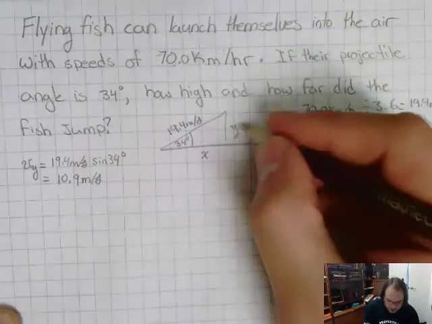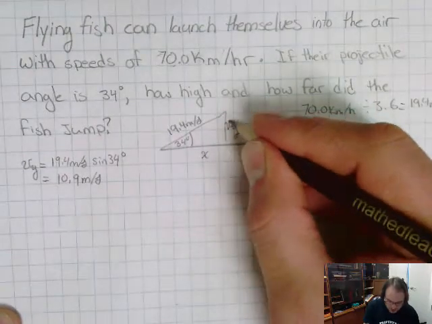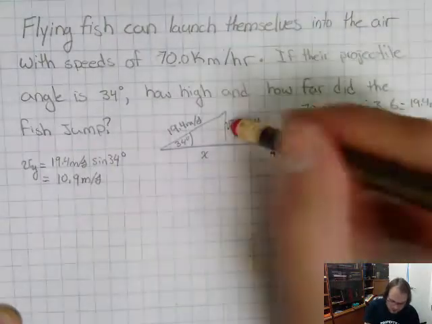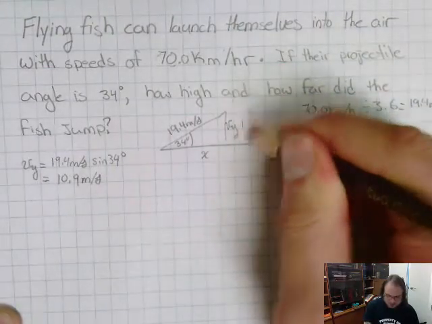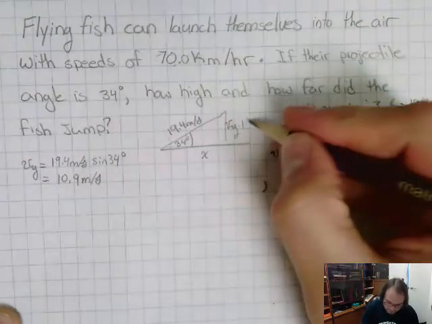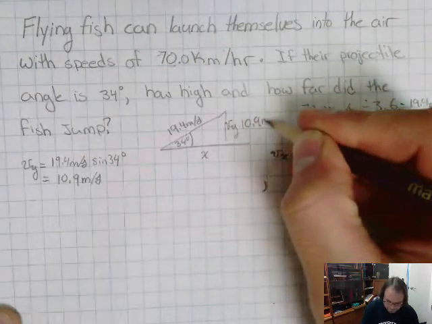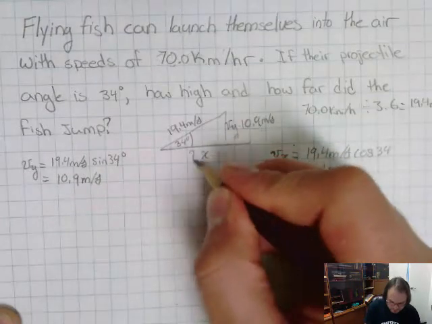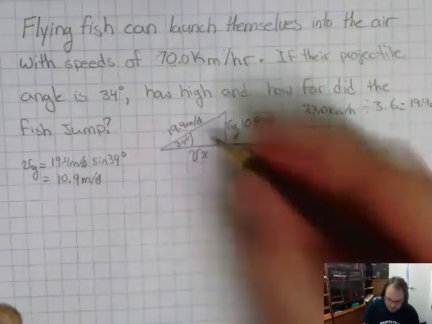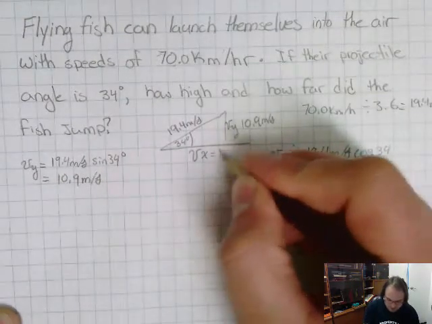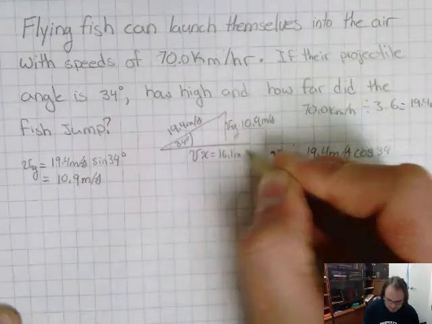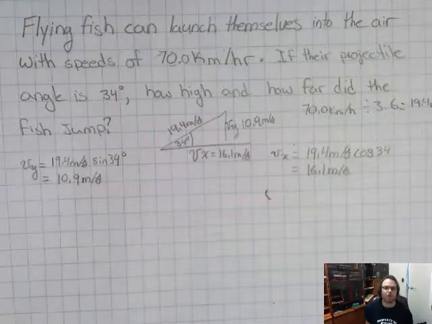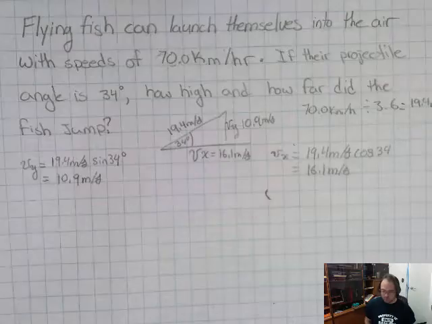So here I have my Vy is, oops, sorry, not 19, is 10.9 meters per second. And my Vx is equal to 16.1 meters per second. Okay, now that we have those broken down, we could look at our next part.